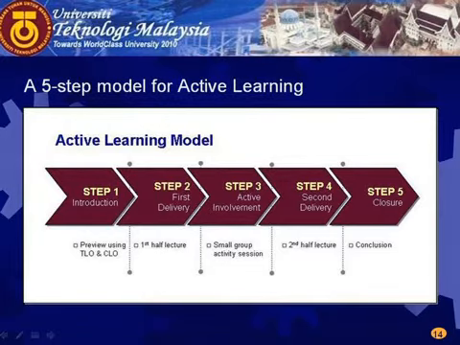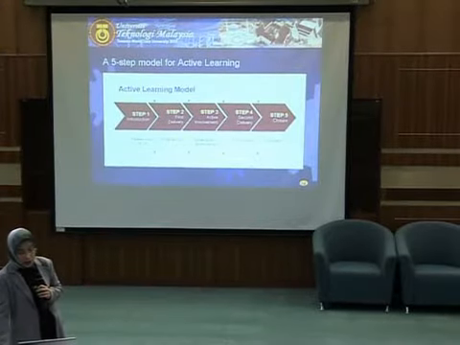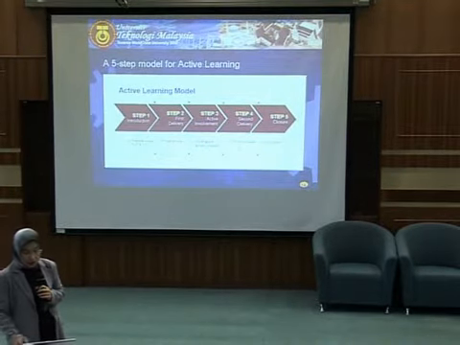And sometimes I review back questions. I call them frequently asked questions based on their e-learning and on the SMSs they send me. Then I start with the first half of the lecture, about 15 minutes. And then I start with the activity, and then continue with my lecture for another 15 minutes.